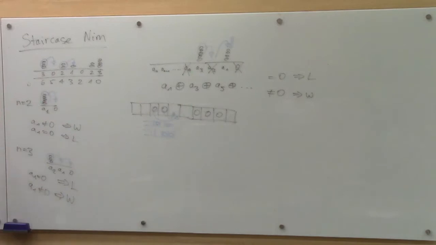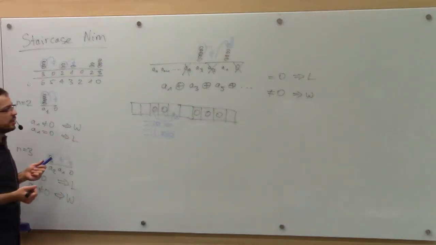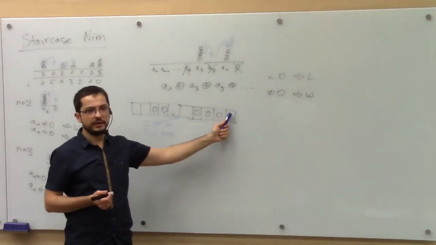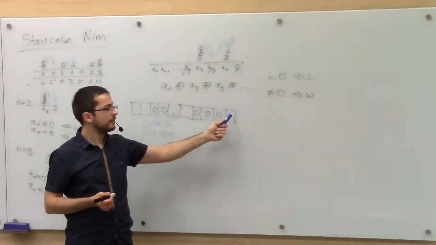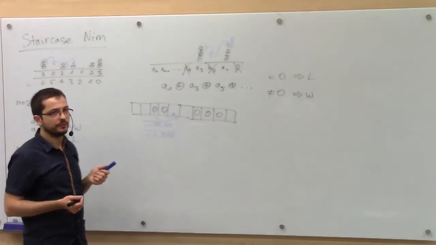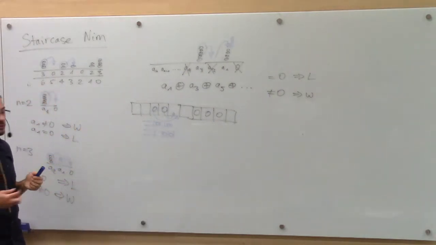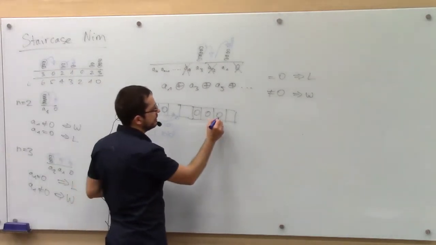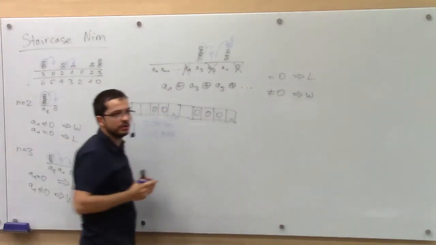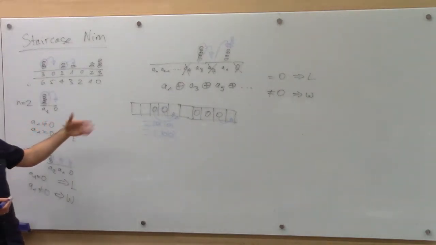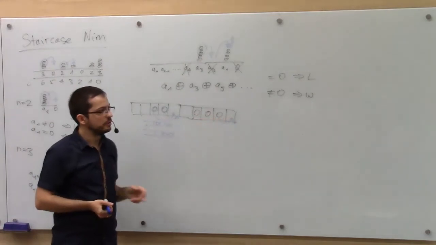What is the end position? The end position is when we have some coin in the last cell of the array. So for instance, from this position there's a winning move of taking this coin and moving it here, and this will end the game. So basically from this position the first player has a winning strategy, just moves this coin.